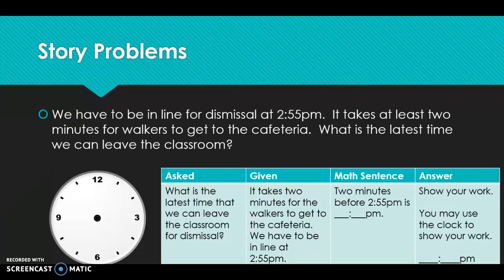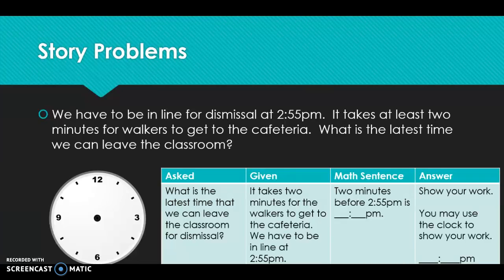Okay, parents, you can also print off a clip art clock without hands, and usually if you type in the words analog clock, you'd be able to get some clip art or download it or print it off so that they have something they can practice on, or make copies of the one from homework.